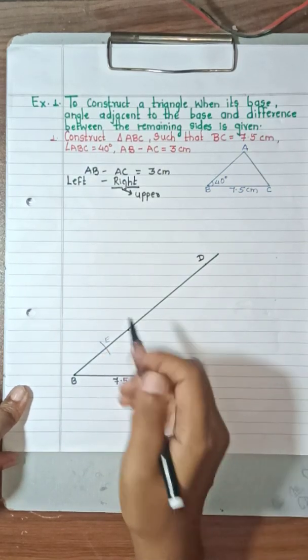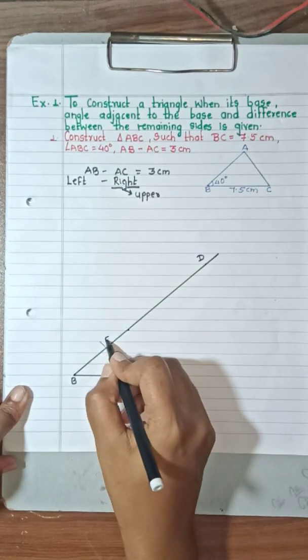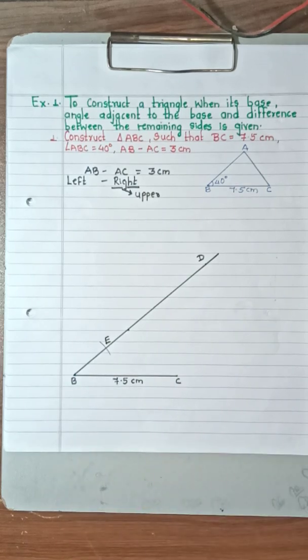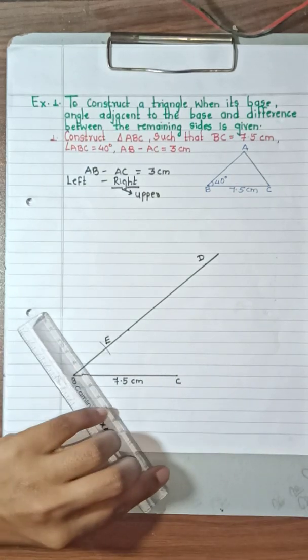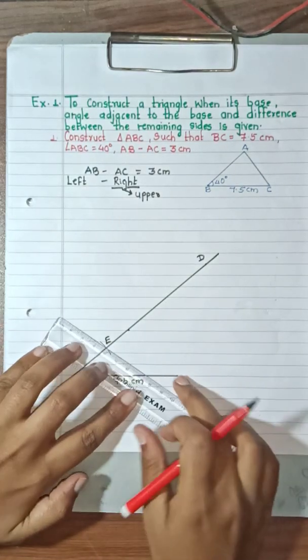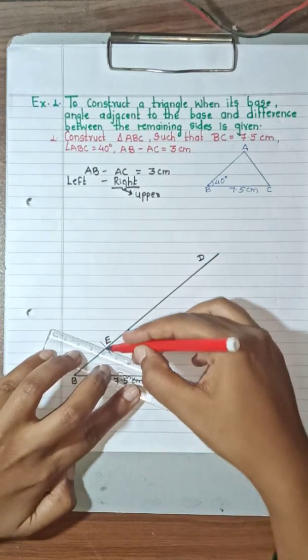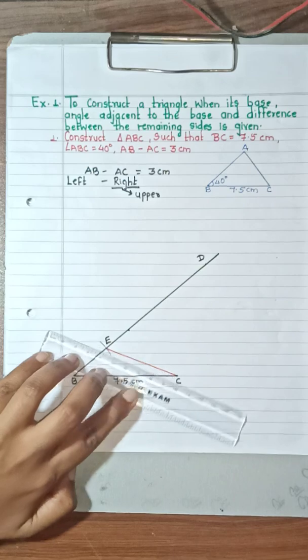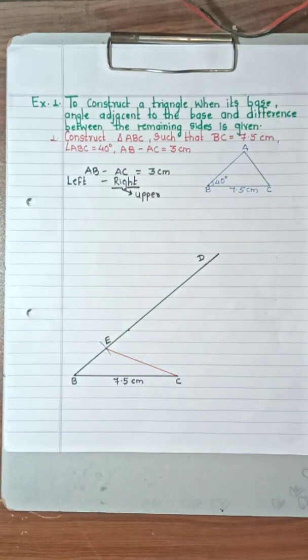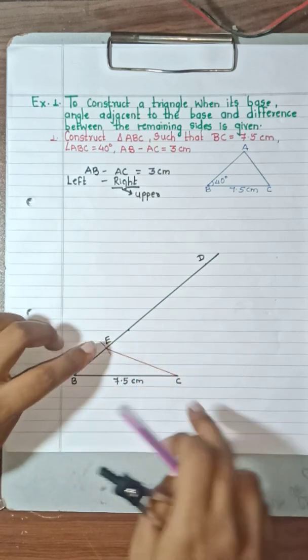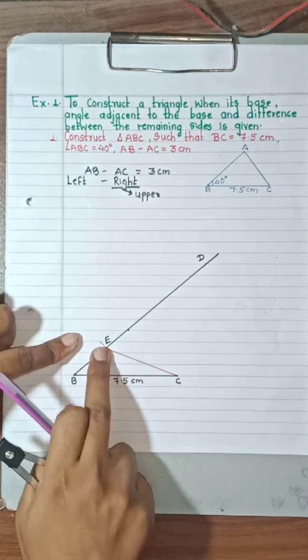Now we have to join EC. Okay, we have joined this EC. Now children, with the help of your compass, you have to draw the perpendicular bisector on this EC.